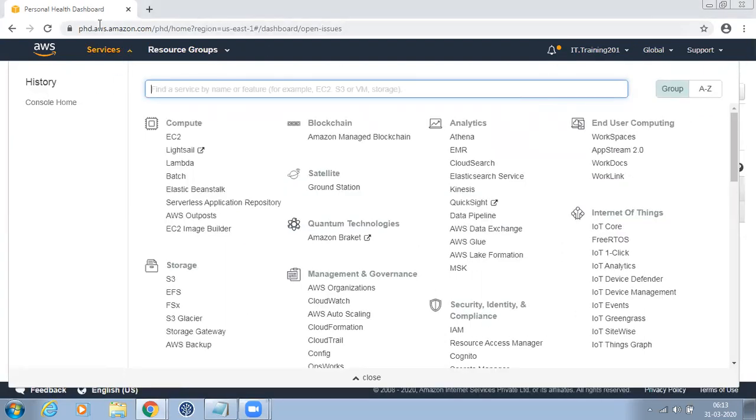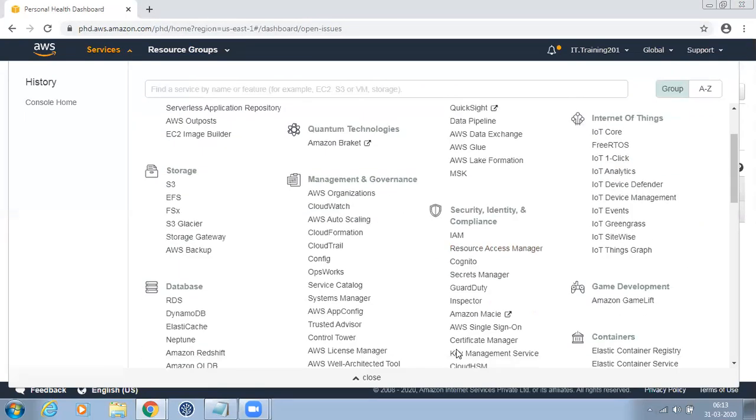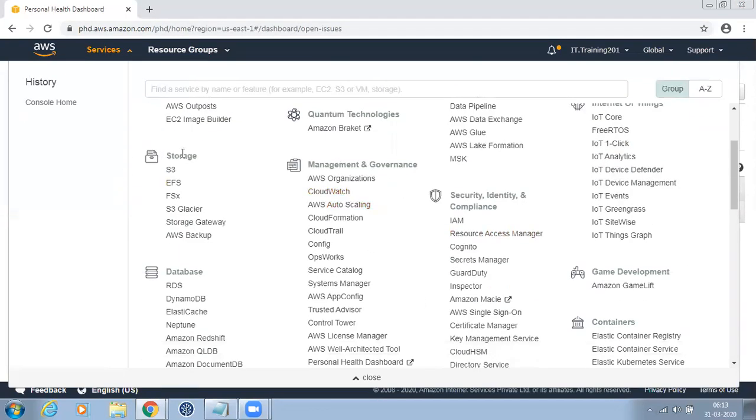So once we log in, this is the management console for AWS. And in that, there are different categories of services. They have categorized them under compute, blockchain, analytics, end user computing, Internet of Things, management, governance, storage, database, security.